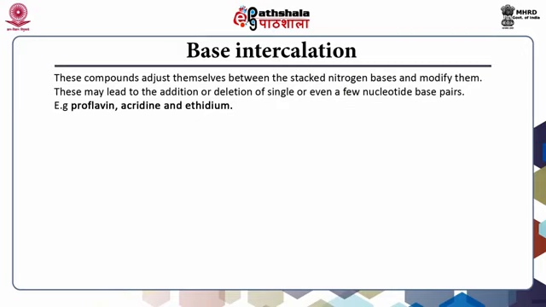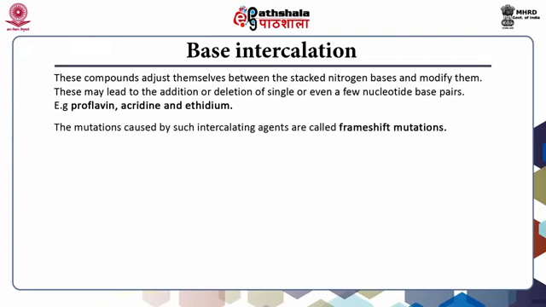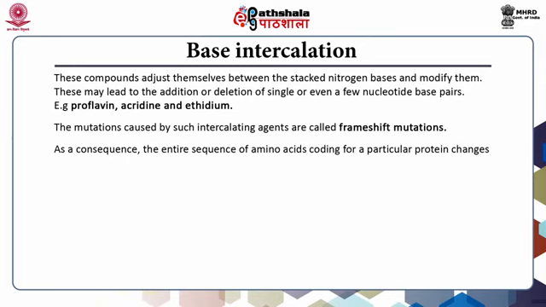Common examples of those compounds can be proflavin, acridine and ethidium. The mutation caused by such intercalating agents is called frame shift mutation. As a consequence, the entire sequence of amino acids coding for a particular protein gets changed.